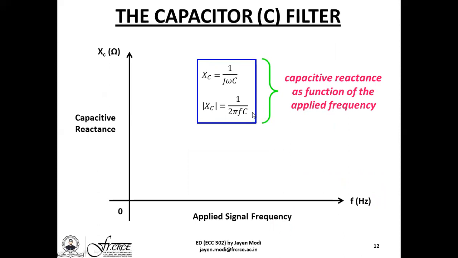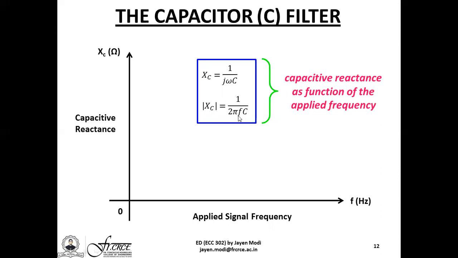Now, with 2 pi being a constant, C being the capacitance value, which will not change once it is manufactured, you get Xc inversely proportional to the frequency, meaning as the frequency f increases, Xc will decrease, but as the frequency f decreases, Xc will increase.